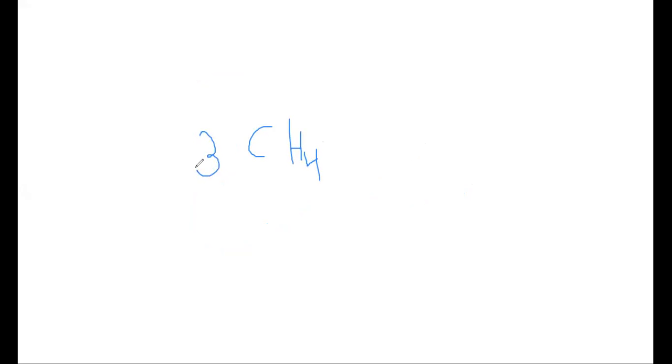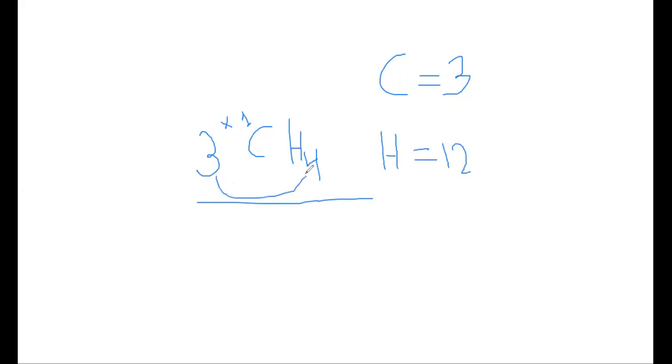Who can tell me how many carbon atoms we have here? 3. Excellent. 3 multiplied by 1 because there is no subscript. So we have 3 carbon atoms. Fine. How many hydrogen atoms do we have? 12. Yes, 12. 3 times 4. Multiply the coefficient with the subscript.